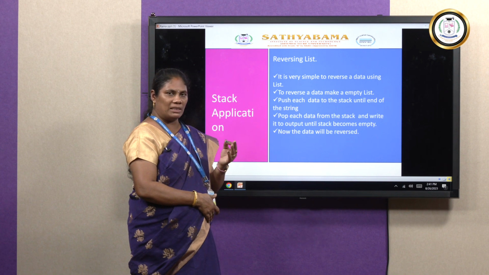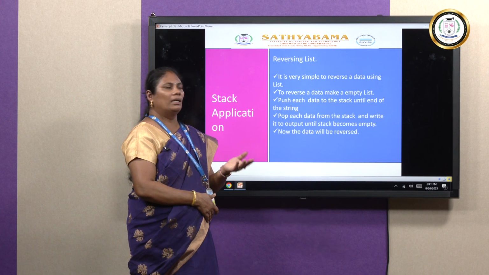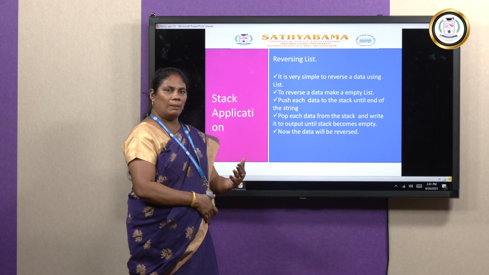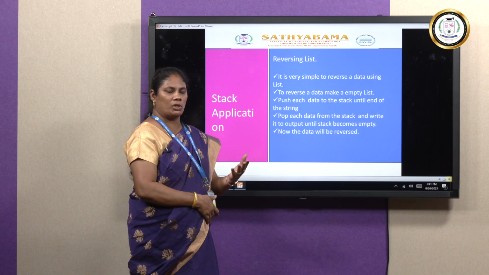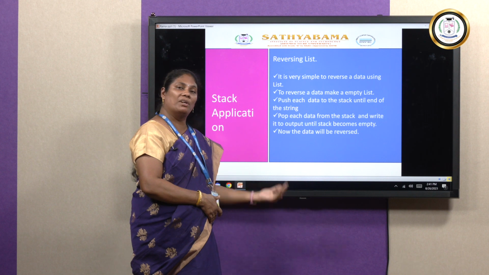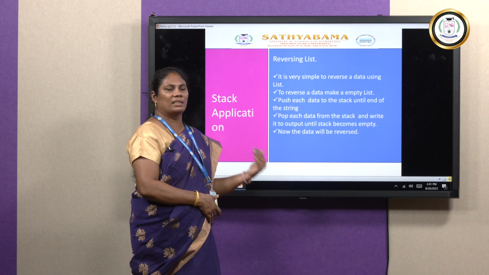Once 3 elements are inserted, you then pop the elements, popping each data element until the stack becomes empty. Now the data will be reversed. Inserting the elements means the data is pushed. Deleting the elements one by one means the data is reversed. So that is called reversing the list.